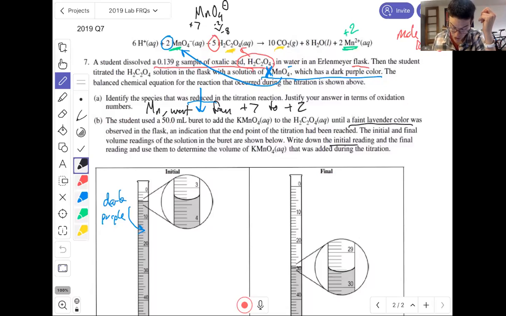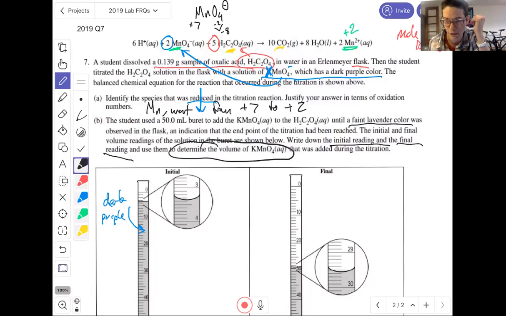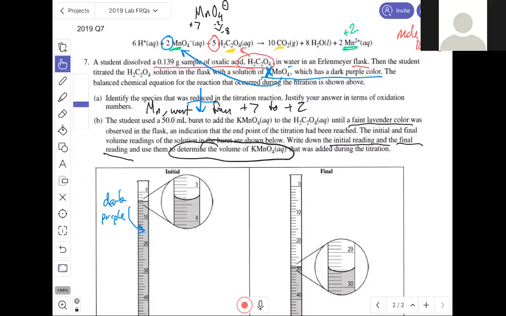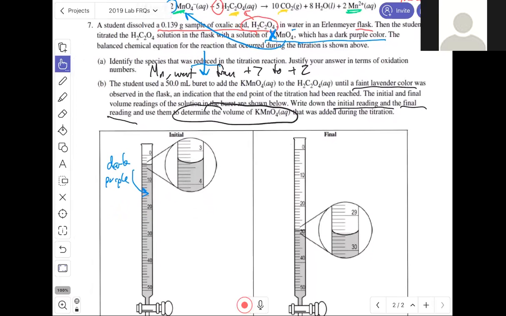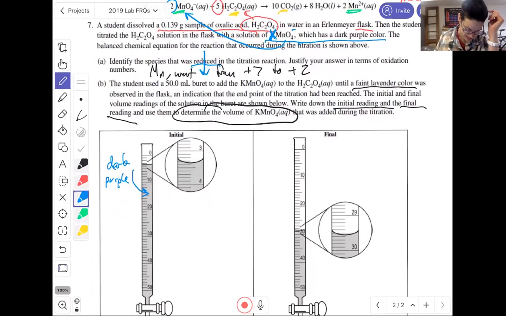Write down the initial reading and the final reading and use them to determine the volume of permanganate that was added. They're literally going to give you a point for reading this piece of lab equipment. That's a good thing. So what would we say the volume is for the initial?